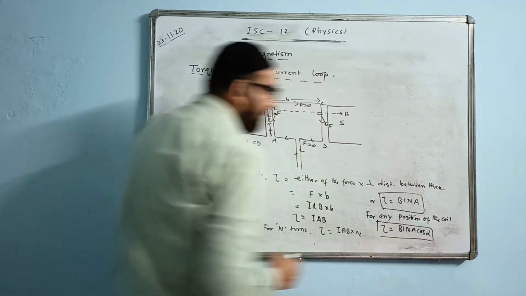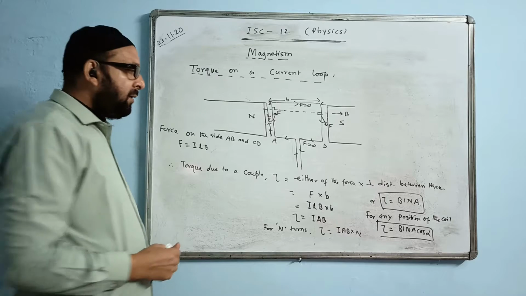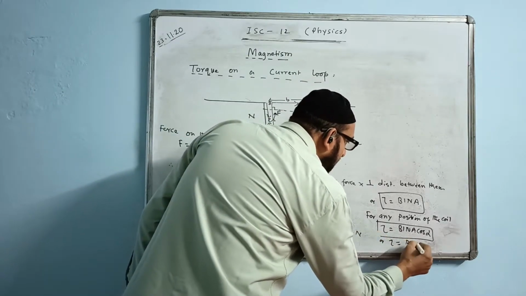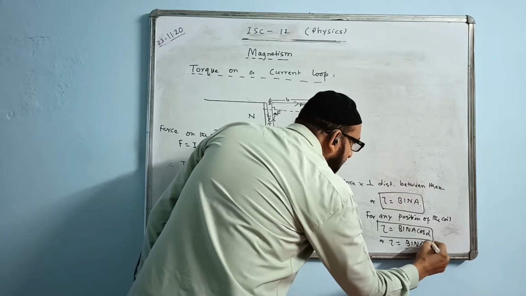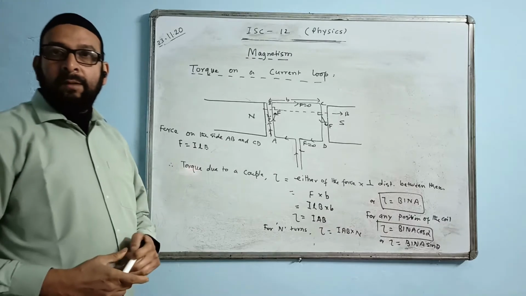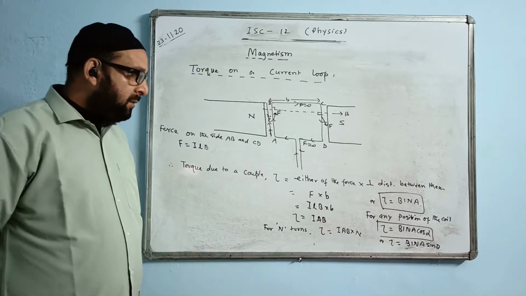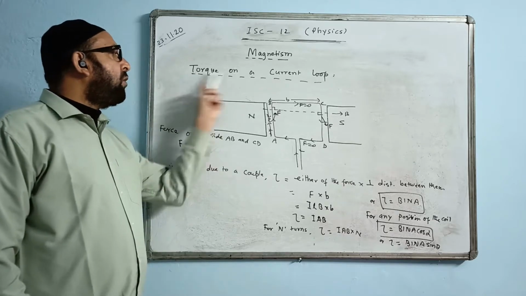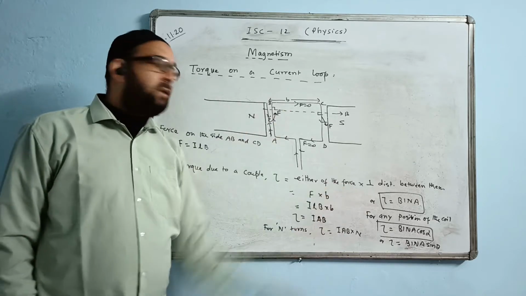Cos alpha we write for any position. BINA cos alpha, or torque is equal to BINA sin theta. I'll tell you why we write it. But if they ask you to derive the formula or expression for the torque on a current loop, we tell you torque is equal to BINA.